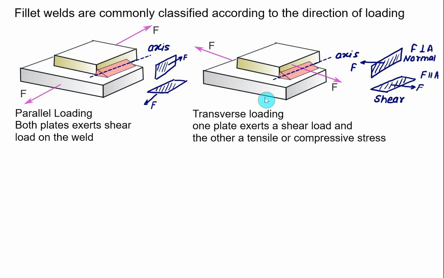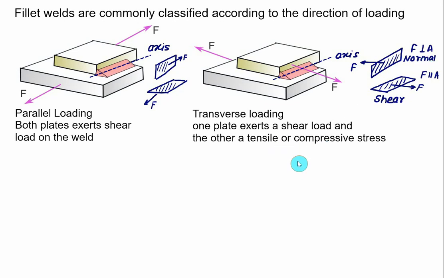This is important. In the case of parallel loading, both the bottom plate and the top plate exert a shear load on the weld, whereas transverse loading is more complicated. The bottom plane exerts a shear load because the force F is parallel to the area. On the top plate the force and the area are perpendicular to each other, and therefore we have normal stress, maybe tensile or compressive.